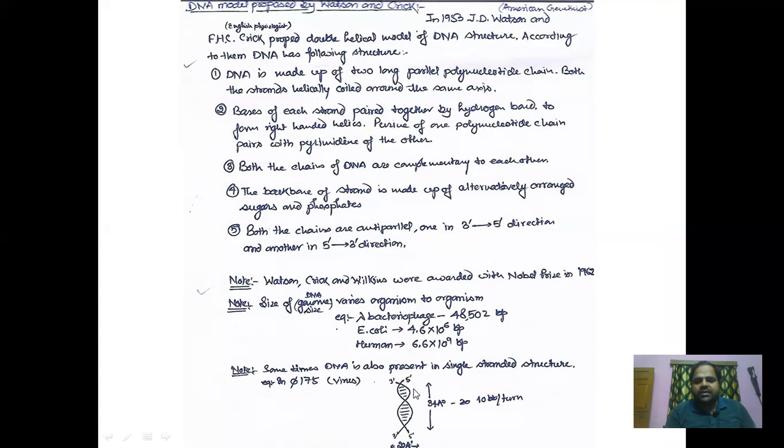There are two strands: one in the 5' to 3' direction, and another in the 3' to 5' direction. It completes a single turn in 34 angstrom, the diameter is 20 angstrom, and in one complete turn it has 10 base pairs.